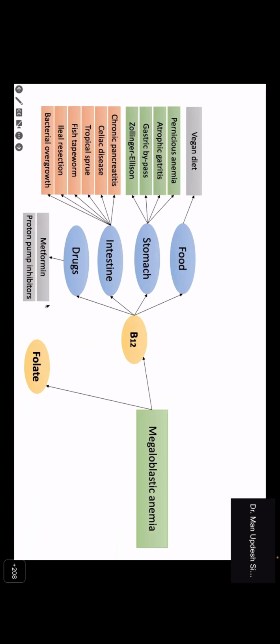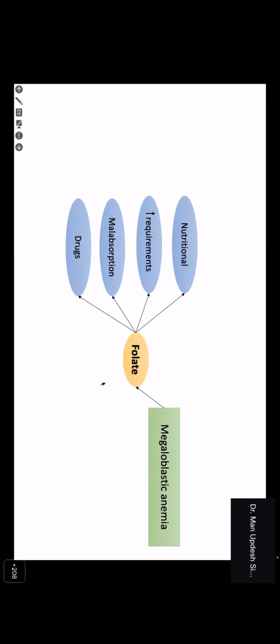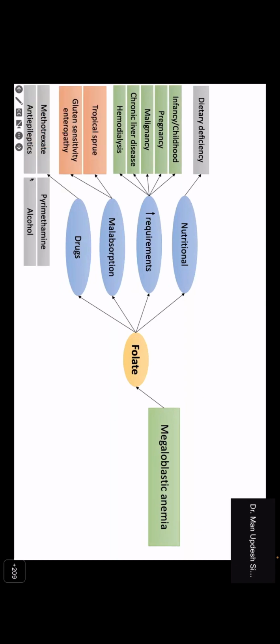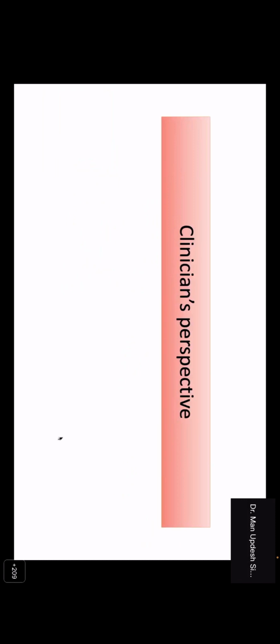We are more towards how to differentiate between one thing or the other. Folate, again, there might be nutritional causes, malabsorption, some drugs, some growth stages, infancy, pregnancy, malignancies where absorption and utilization of folate is very fast, tropical sprue, gluten sensitivity, some drugs which cause folate deficiencies, and there are rare causes like thiamine-responsive megaloblastic anemia, and some other rare causes. So I stop here.